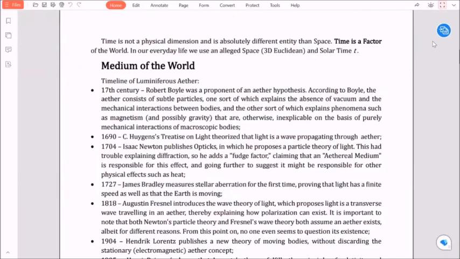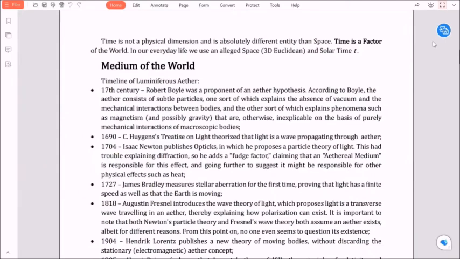1727, James Bradley measured stellar aberration for the first time, proving that light has a finite speed as well as that the Earth is moving. 1818, Augustin Fresnel introduces the wave theory of light, which proposes light is a transverse wave traveling in an ether, thereby explaining how polarization can exist.